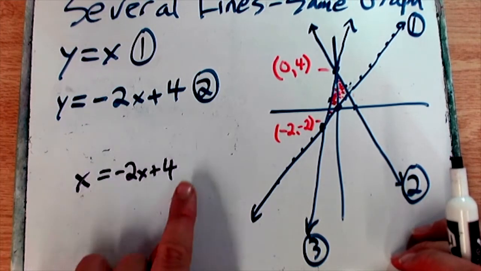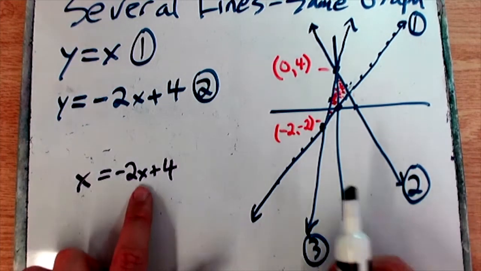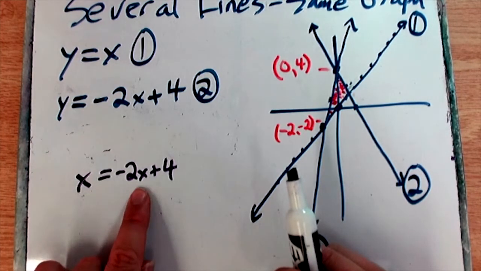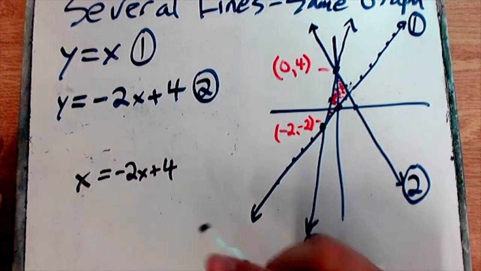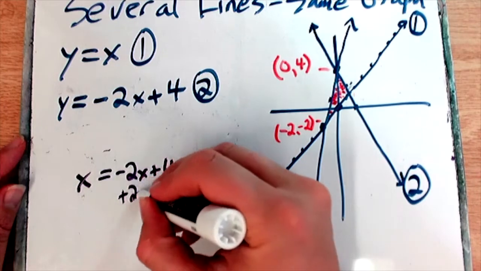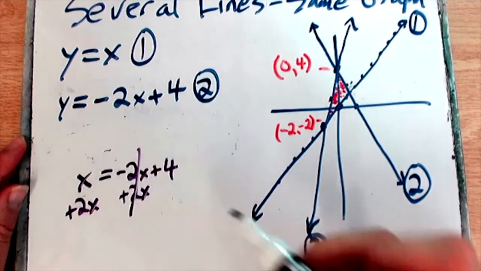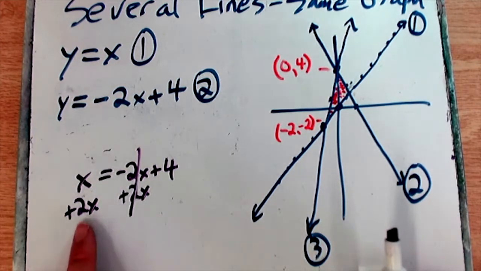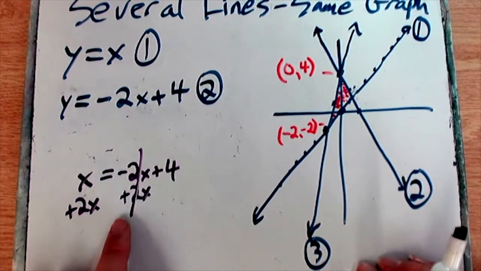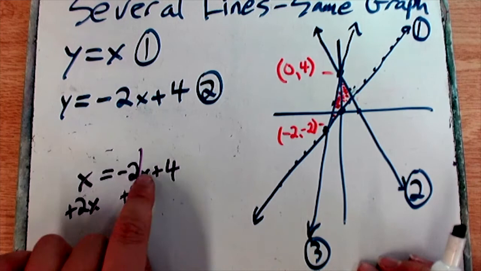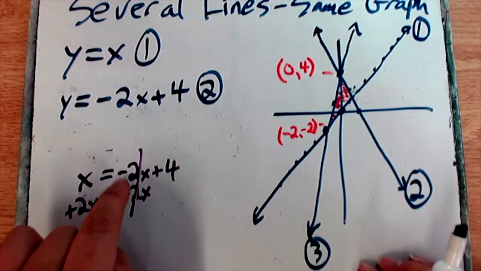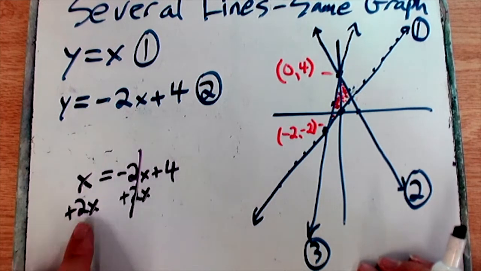And now if I do some algebra on this, let's say I have 1x here and I have 2x's here. I'm going to move 2x's across. So I'm going to add 2x here. That's going to cancel that out. That means I have to add 2x on this side. That's a big jump if you're not used to the algebra. So -2x is on this side. Move to the other side by adding 2x here. That cancels that out. We add the 2x.